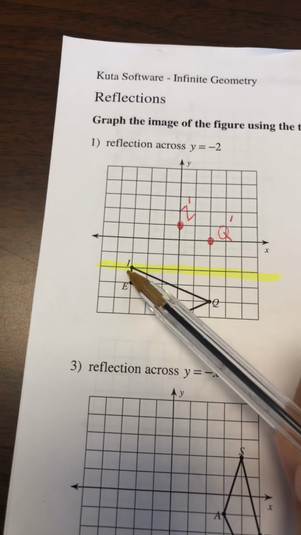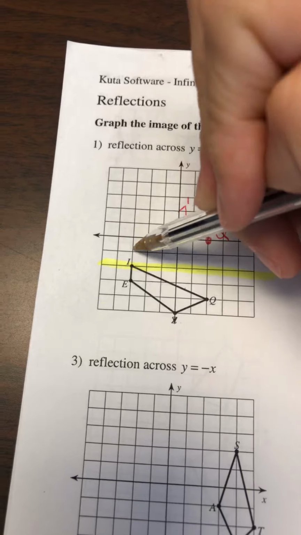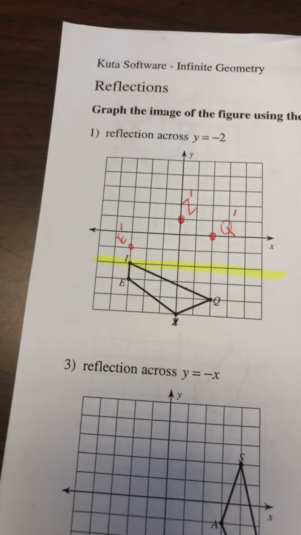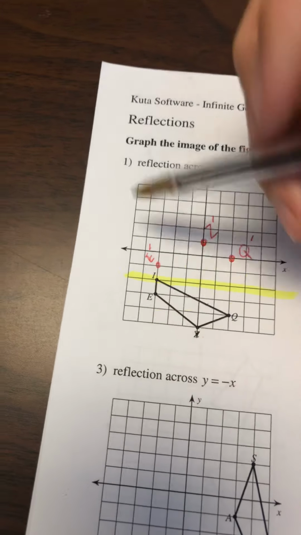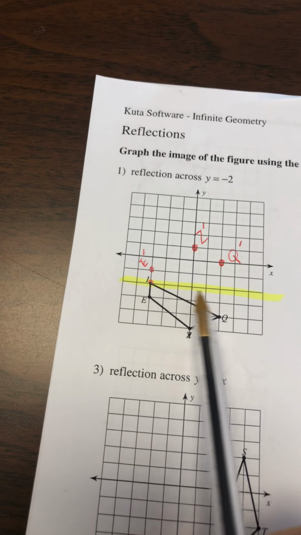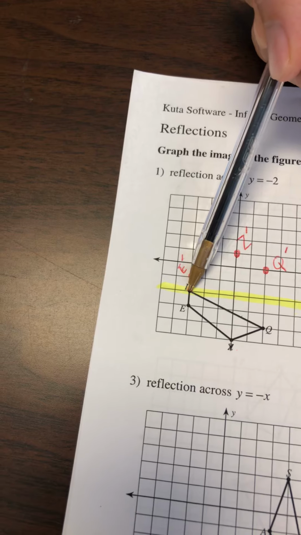Point E is 1 space below. So once this gets reflected, my E prime will be 1 space above. So I will plot and label. And now notice the point I. Because this point is actually sitting on the line that I'm going to reflect over, it's not actually going to change.